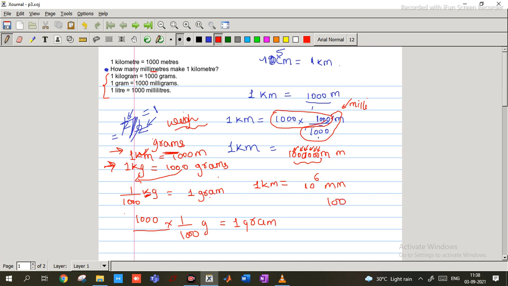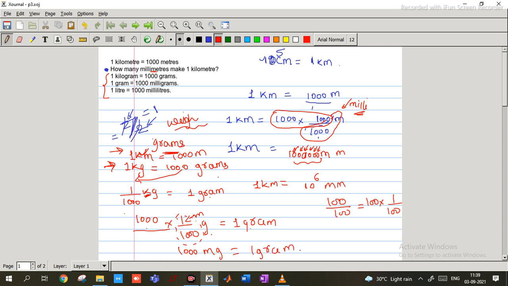Because when I say 1000, suppose 100 by 100, it will always be equal to 100 into 1 by 100. That's why I have written like this. So it is 1000 into 1 by 1000 gram. Now we have already known that this is milli, isn't it? So it will be written as 1000 milligrams makes 1 gram.